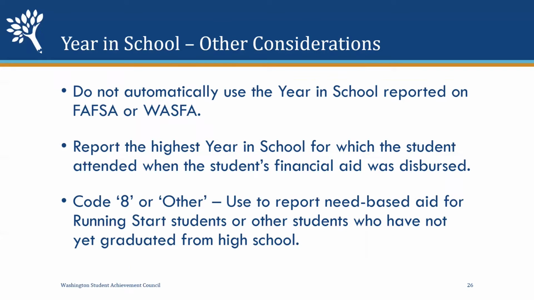And if you have non-matriculated students who receive some sort of need-based aid, you would need to report those as a code 8 or other. This usually applies to Running Start students, and they may or may not get need-based aid since you don't have a FAFSA from which to determine that need.